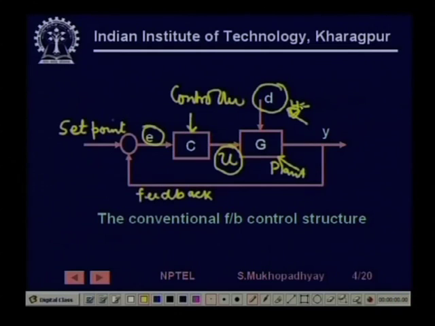Generally the feedback control structure is not very efficient in neutralizing disturbances very fast, and this is the fundamental disadvantage of feedback control for which a feed forward is generally used.